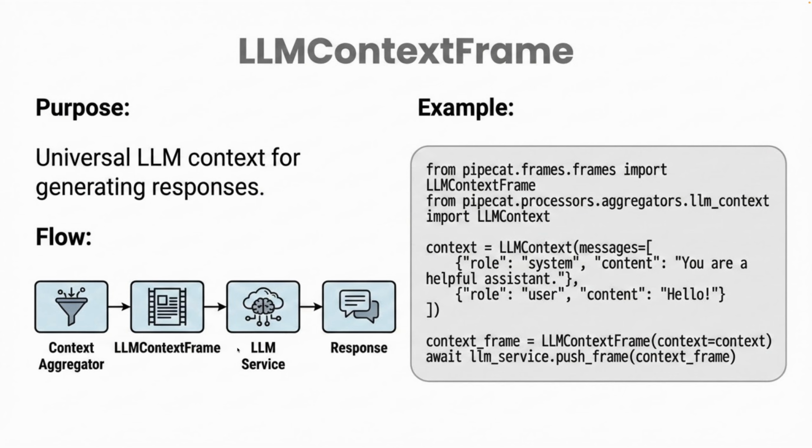So our LLM service would need some kind of context to create responses in a better way, like some history of the conversation for LLM to know what's actually happening, so that it does not start from scratch, kind of like memory. So this is the LLM context frame we have. We create this LLM context, the messages, and then we push the context in the LLM context frame, and then we push the frame.